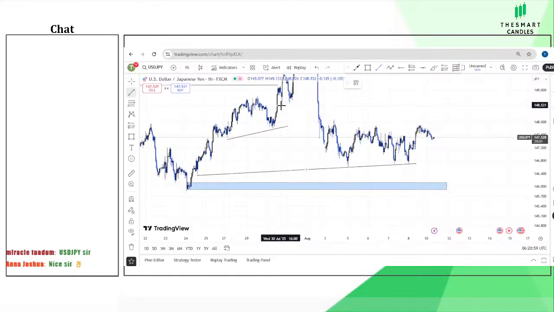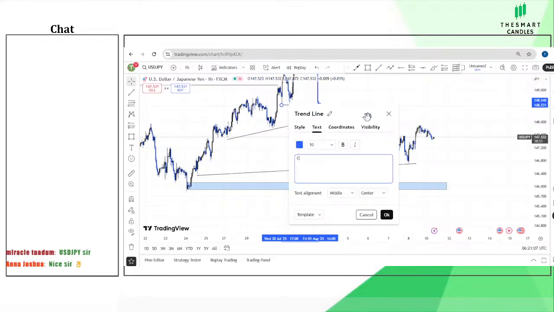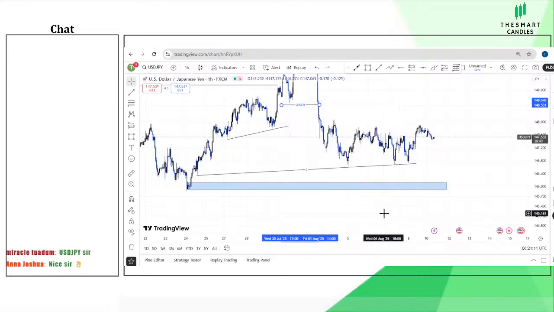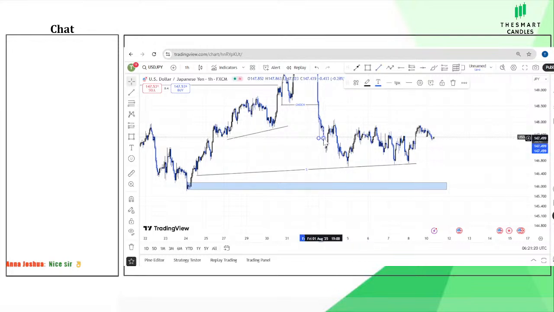This was our change of character. After that, we had a minor break of structure here. We had another break at this point to the downside.